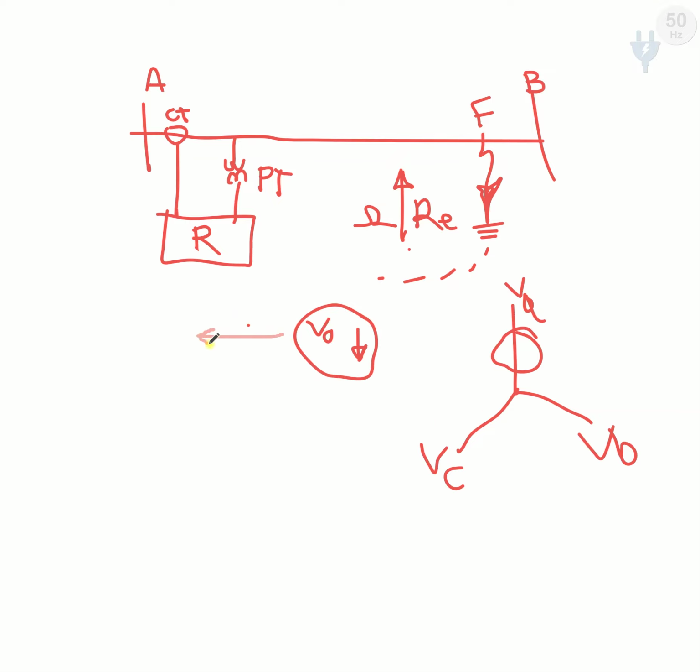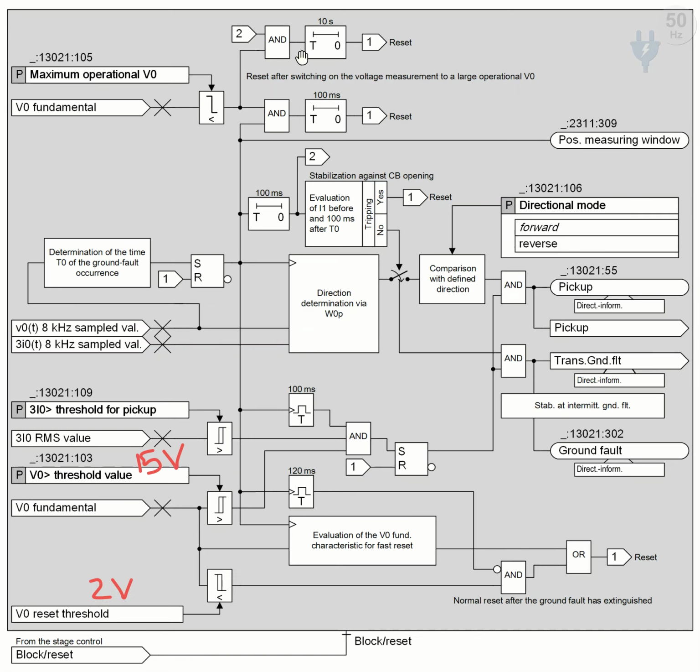Approximately, for very high resistive faults to be reported and picked up, we may set this as 5 volt instead of 15 volt. If we set the V0 threshold very low, then very sensitive faults on the system will be detected, and this threshold will trigger and give a pickup signal.